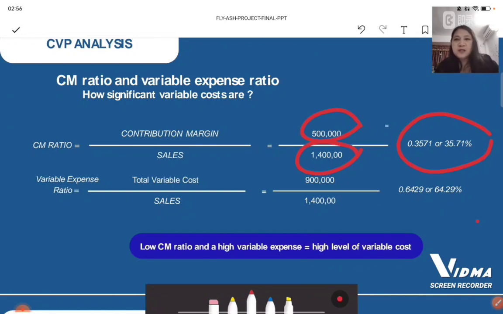The second value here is our variable expense ratio, wherein we divide the total variable cost by the sales. So to produce 200,000 units of bricks, we need 900,000 rupees divided by the sales, which is 1.4 million rupees. That gives us 64.29% as a variable expense ratio.